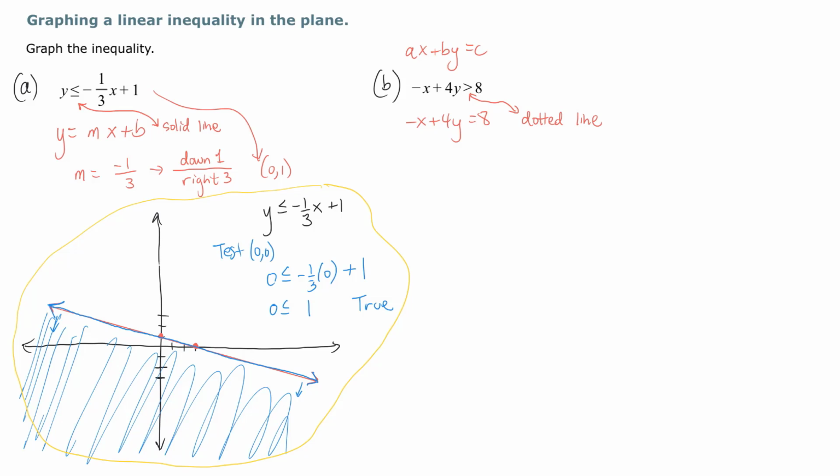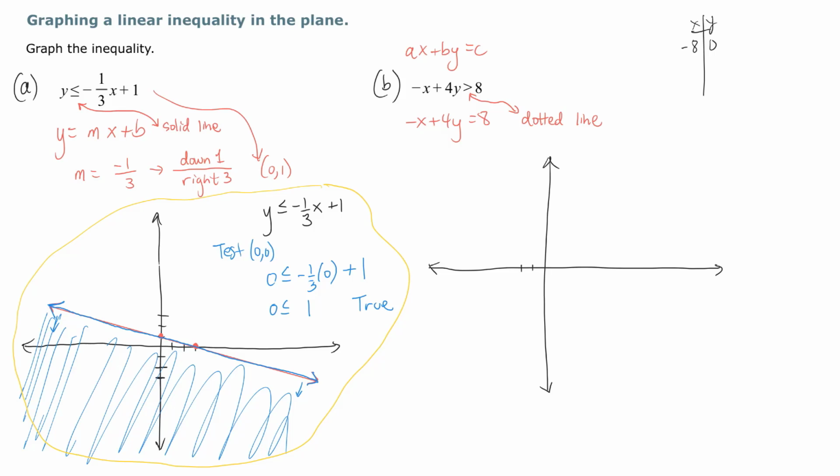Easily graphed with the intercept method here. So if you use the intercept method, I can go ahead and give you the intercepts as ordered pairs as well. When y is 0, we get x to be the opposite of 8.